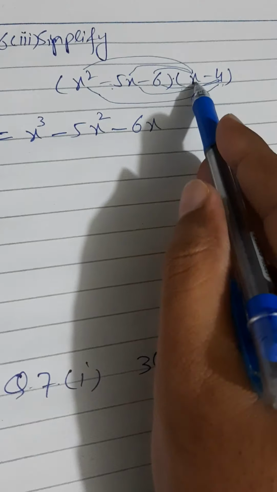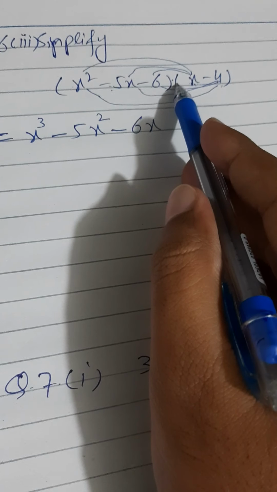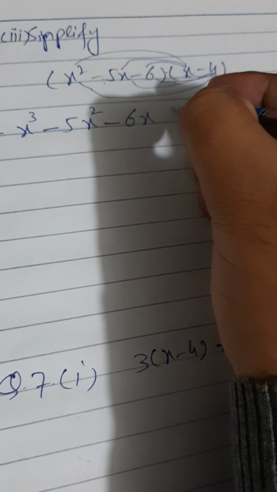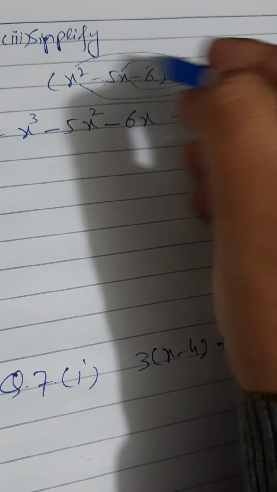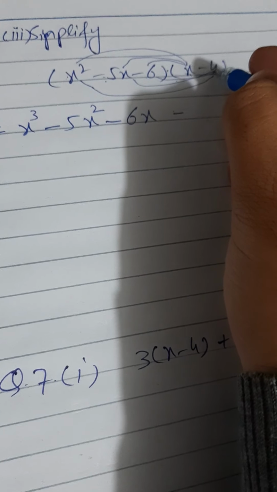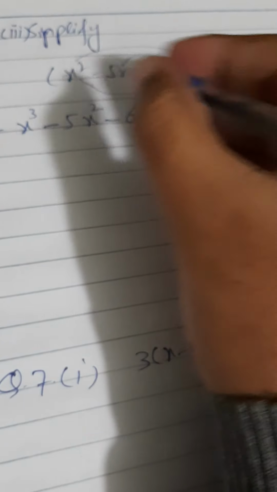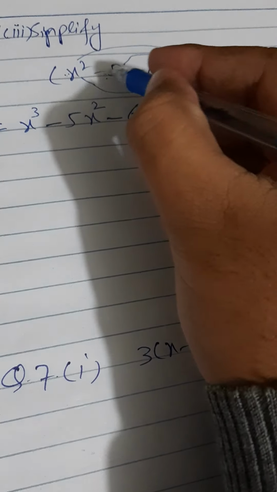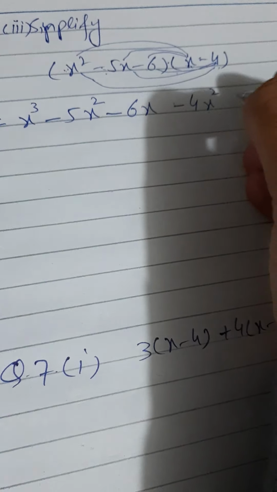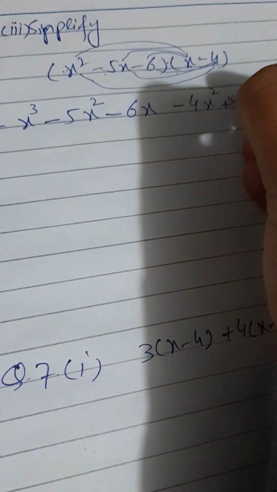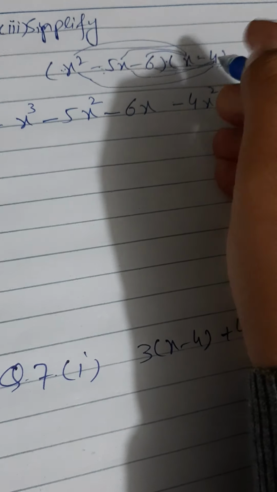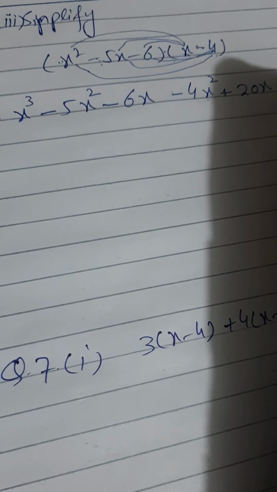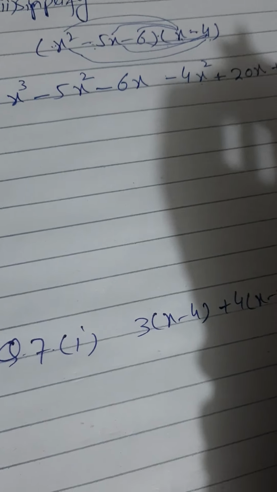In this way we have multiplied x with all terms of the first expression. Then minus 4 multiplied with x square: negative 4, positive x square, positive times negative is negative 4x square. Then negative 4 and negative 5x, negative negative will become positive, 5 4s are 20x. Then the last term, negative 4 and negative 6, so the answer is negative negative positive 24.